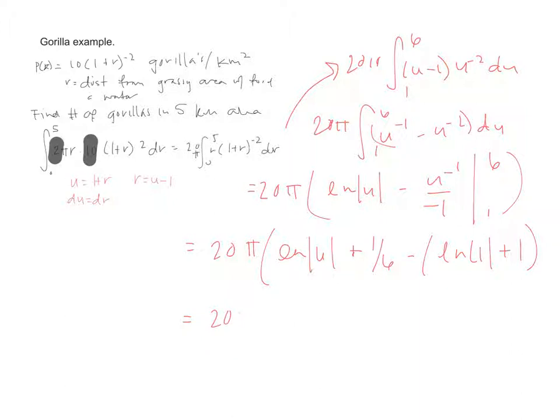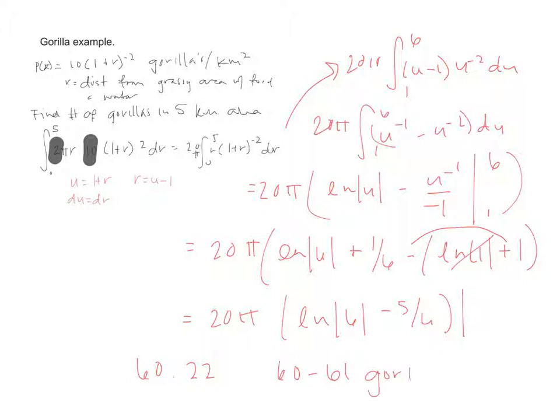That's 0 for ln of 1, and that minus combines with that positive to make a negative, so negative 5/6. I get an answer of 60.22, and you can't have 0.22 of a gorilla, so depending on my error, I have somewhere between 60 to 61 gorillas in the mist, which is an old movie.